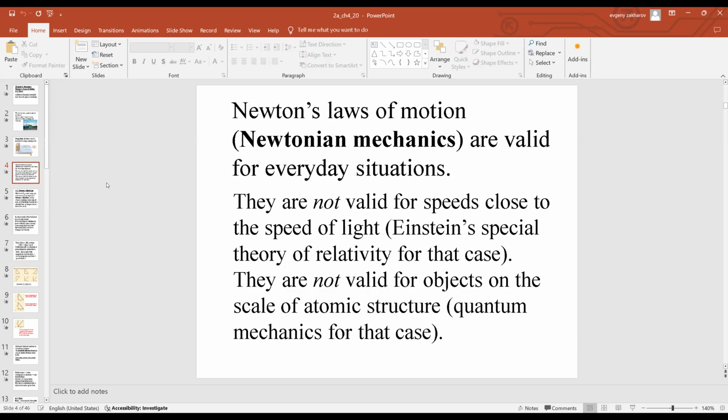Okay, Newton's laws of motion. The first thing to keep in mind is we can't really use them for speeds close to the speed of light.